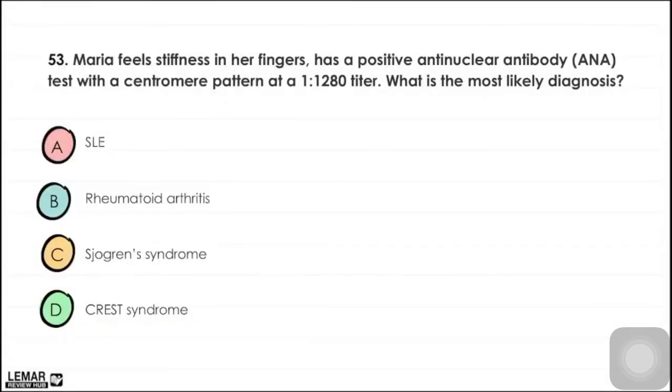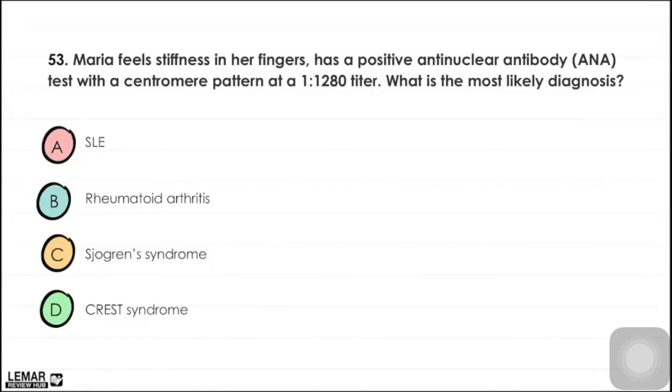53. Maria feels stiffness in her fingers. She has a positive anti-nuclear antibody test with a centromere pattern at 1:1280 titer. What is most likely the diagnosis? We have A, SLE, B, rheumatoid arthritis, C, Sjogren's syndrome, or D, CREST syndrome.